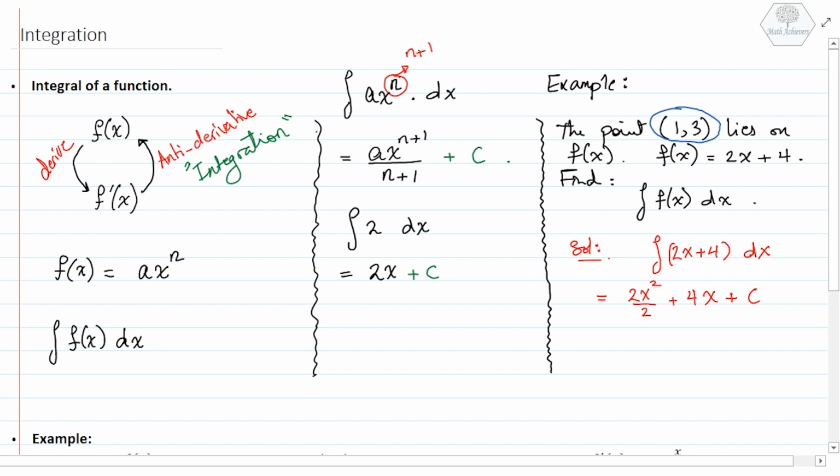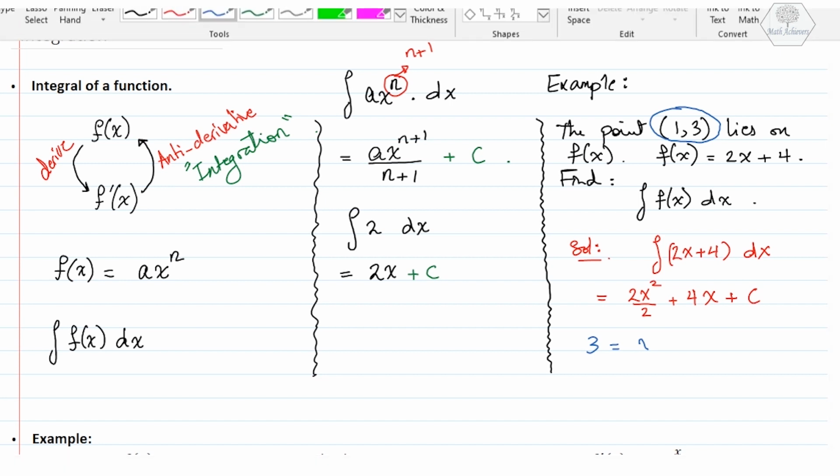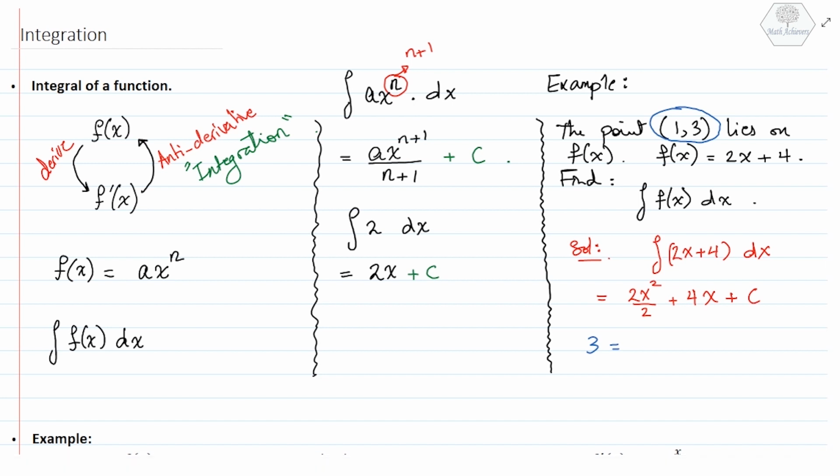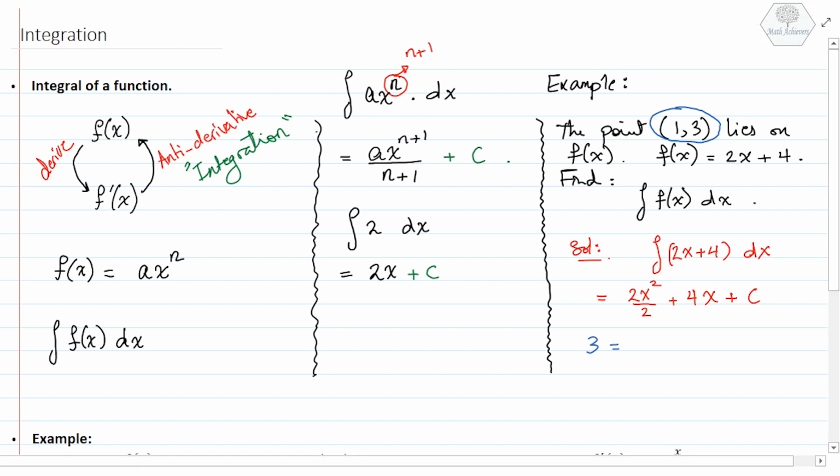So now y, 3 is equal to, we have x squared, I substitute the 1, so I have 2, will cancel out the 2, so I substitute 1 instead of the x squared, plus 4 times 1 plus c.